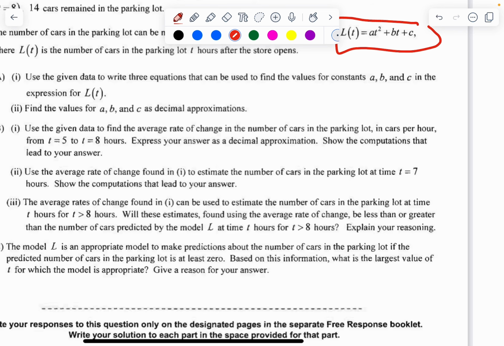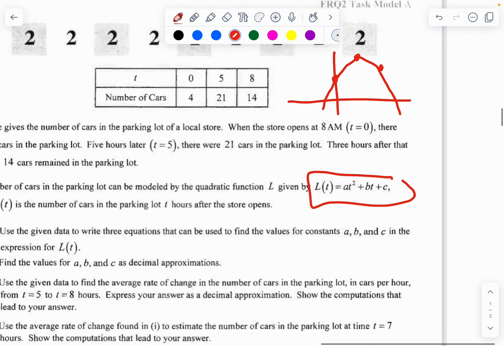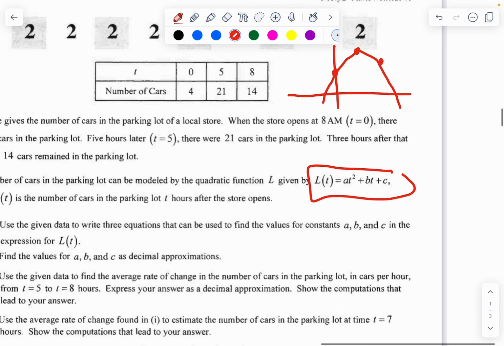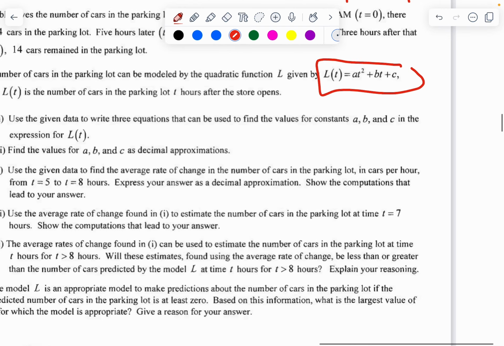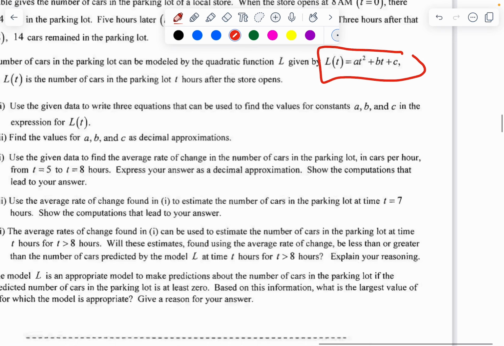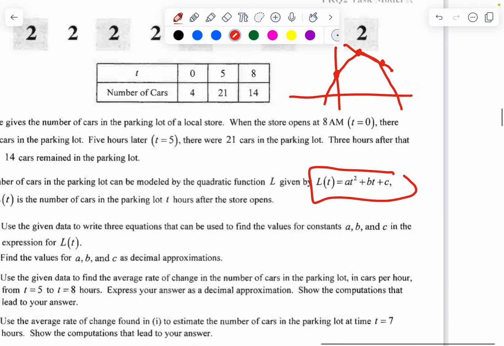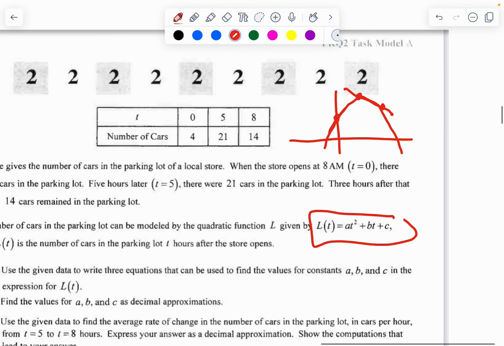From 5 to 8, so I put 5 at the vertex, but it's probably not. But the 8 is somewhere lower than that. If we keep going, so this average rate of change, will the estimates using the average rate of change be less than or greater than the number of cars for something greater? Because this is concave down, anything outside over here is going to be above the actual value.